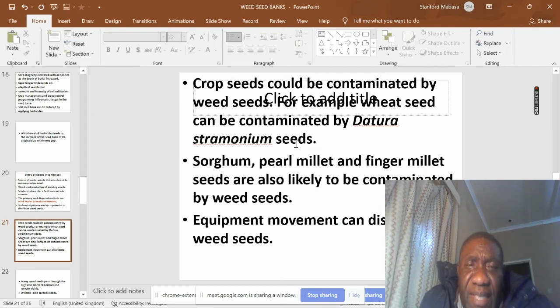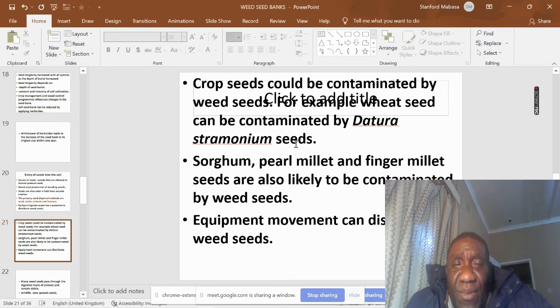Now, crop seeds could be contaminated by weed seeds. For example, wheat seed can be contaminated by Datura stramonium seeds. In fact, if wheat is delivered to the GMB, what inspectors look at is the Datura stramonium seeds.